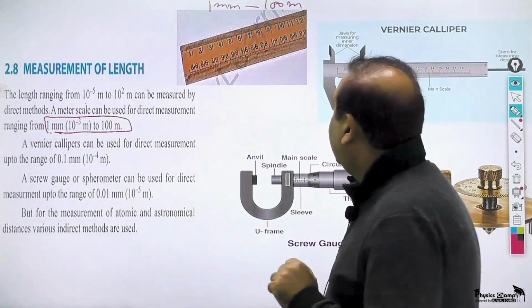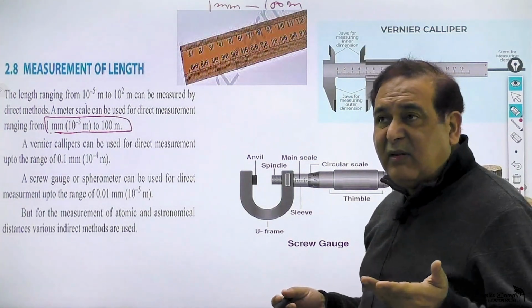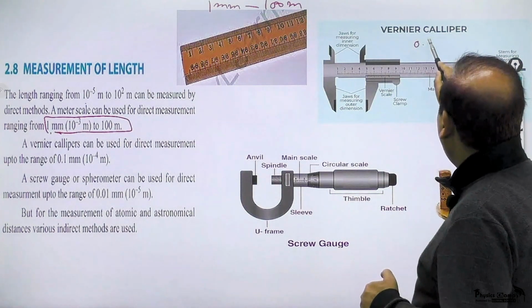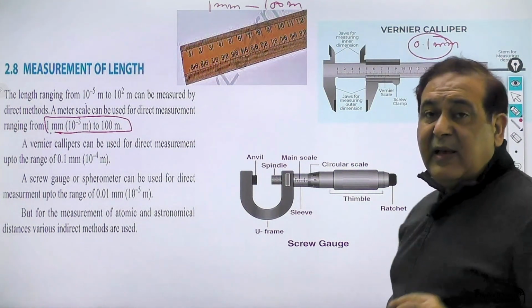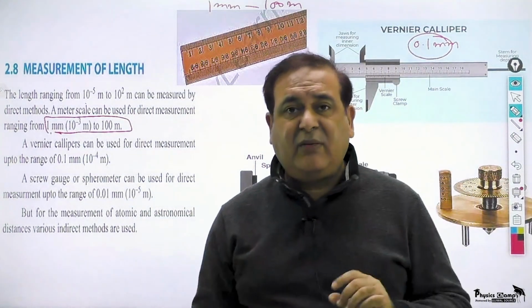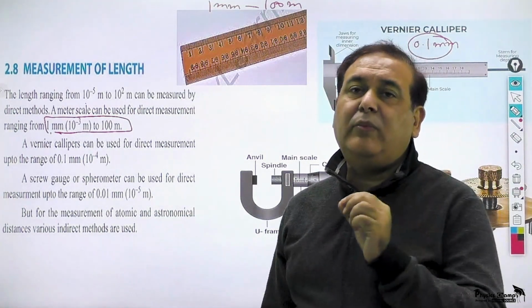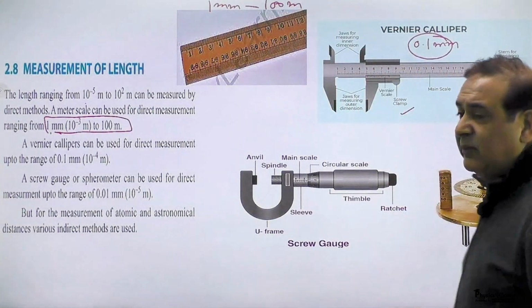Similarly, we do have some more direct instruments for measuring distances less than 1 millimeter, like this vernier calipers, 0.1 millimeter. If you have a size of the order of 1 millimeter, 0.2 millimeter, 0.7 millimeter, like that, vernier will help us.